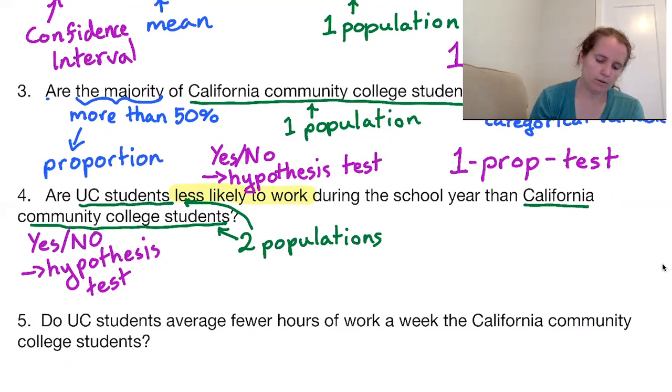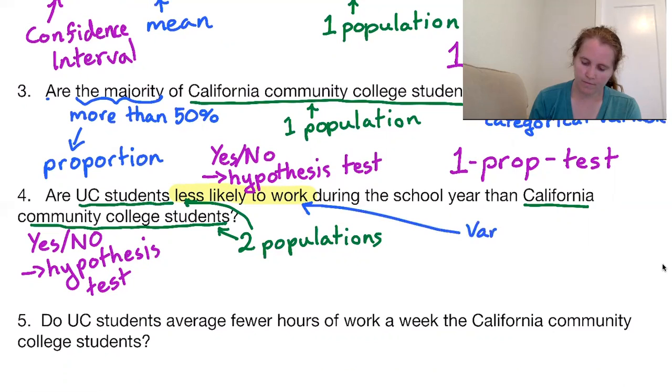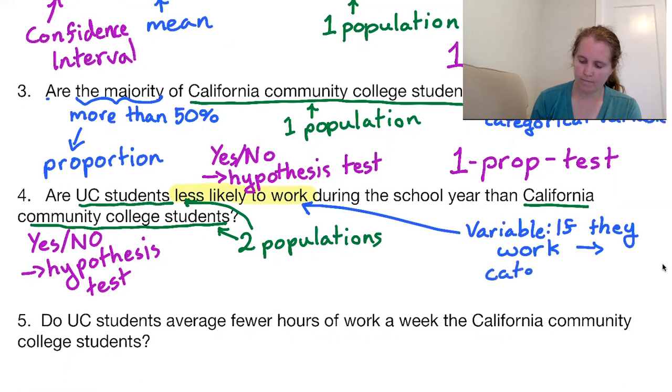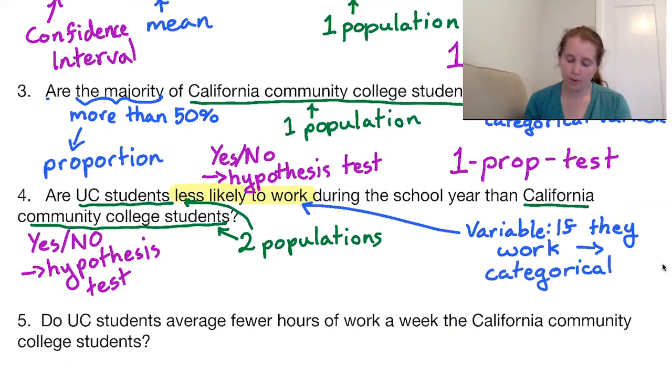So we have the variable, which would be if they work. So this is a categorical variable. And so that means we are looking at proportion.